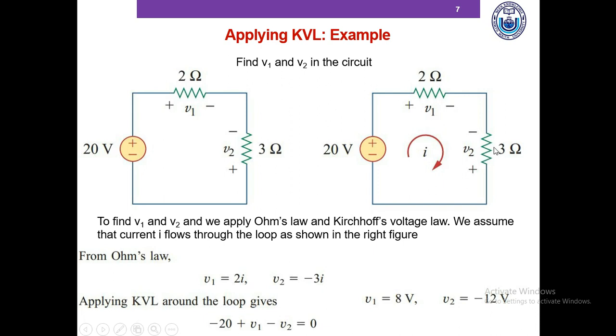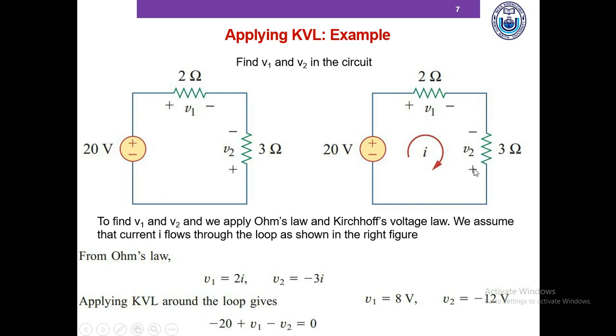Similarly, for this 3 ohm resistor here, this point will be plus and this point will be minus. If it was plus here and minus here, V2 would have been plus 3I. Now that the polarity is the opposite, that is, current is going from lower potential to higher potential, we need a minus sign to invert this polarity.